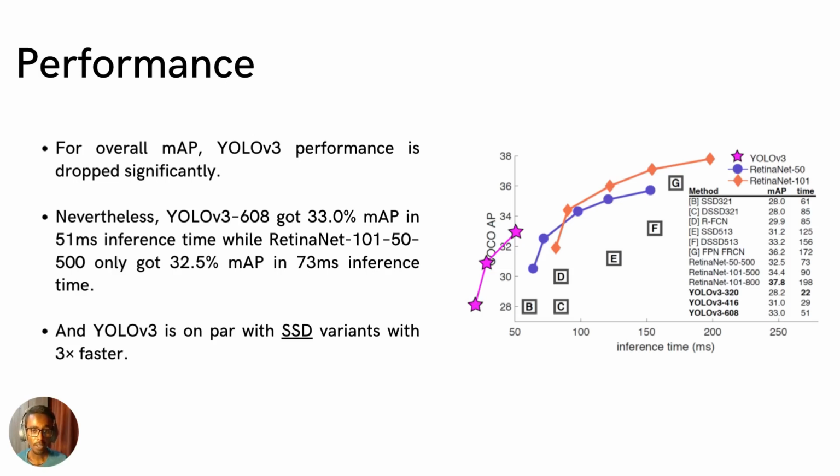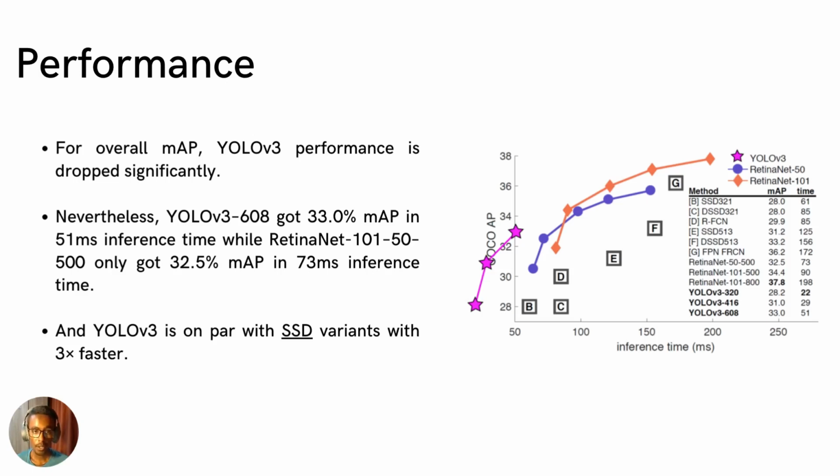As we can see on the graph, the YOLO models are represented by stars, and other models are represented by letters, and in the case of RetinaNet, by the purple color and the orange color. On the y-axis, we have the average precision, and on the x-axis, we have the inference time.